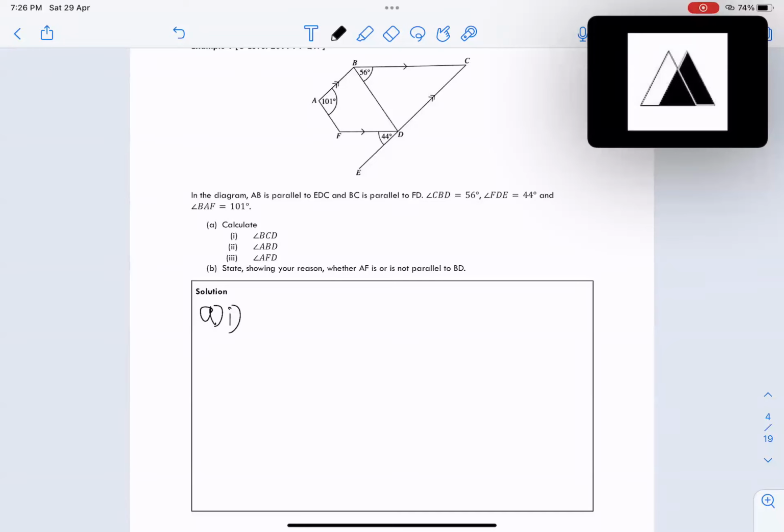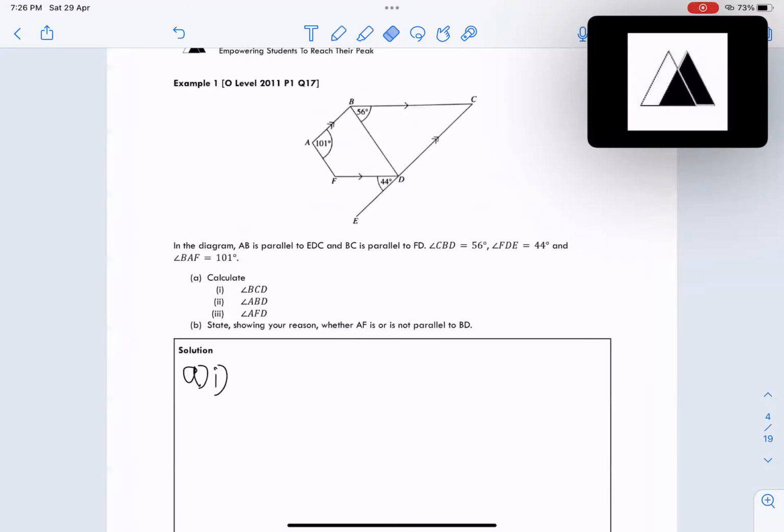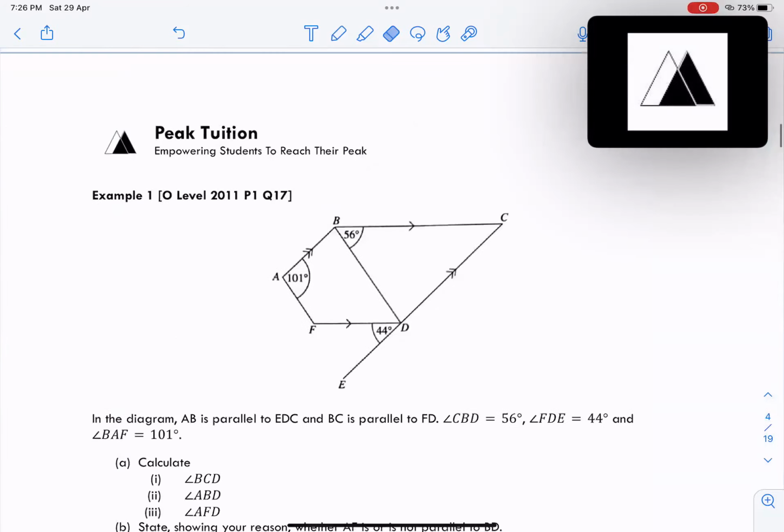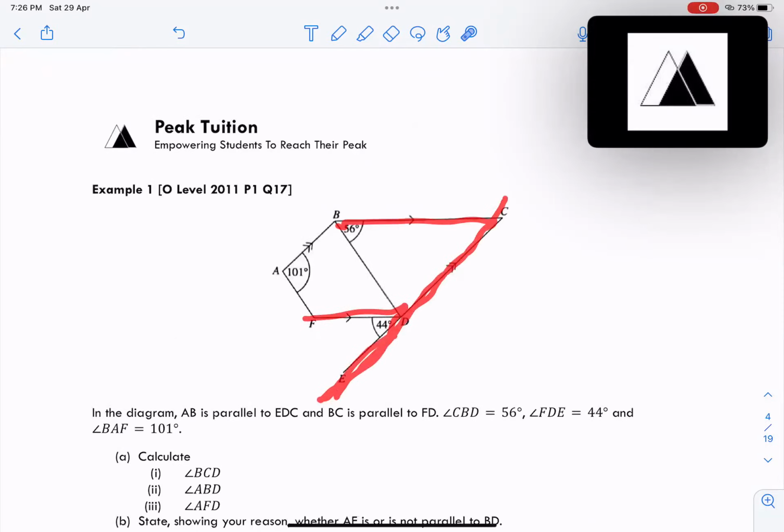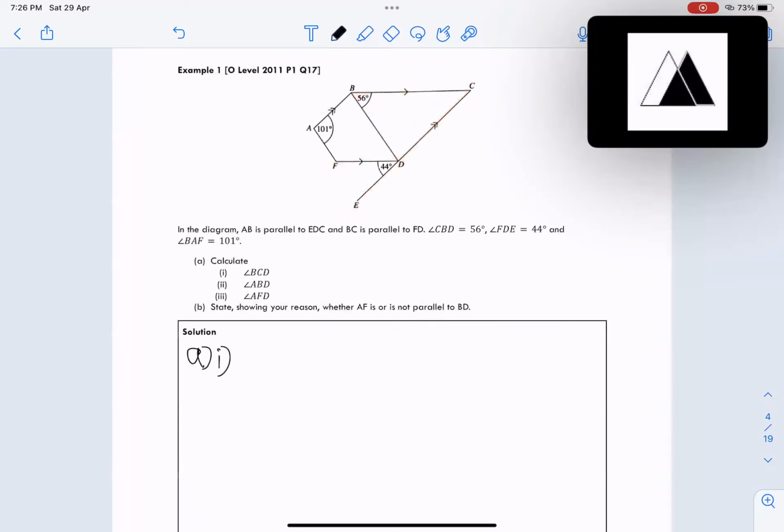So it's either corresponding angles, vertically opposite angles, not vertically, corresponding, interior, alternate angles. So this one, if you can see over here, right? BCD is corresponding with FBD. BCD corresponding with FBD. So corresponding angles are equal.